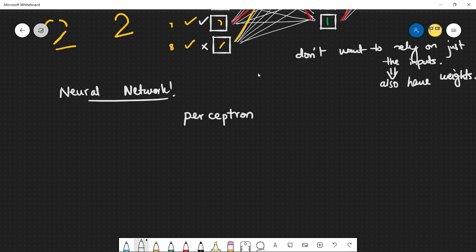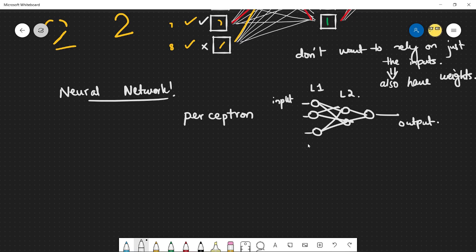And I've made boxes here, but the way you usually have neural networks designed is like this. Everything is connected to everything else in the next layer, and these two combined together, and these two combined together will give you the output, right? So this could be the output, this could be the inputs here, and that could have a layer 1 here and a layer 2. And all of these little dots here are individual perceptrons.